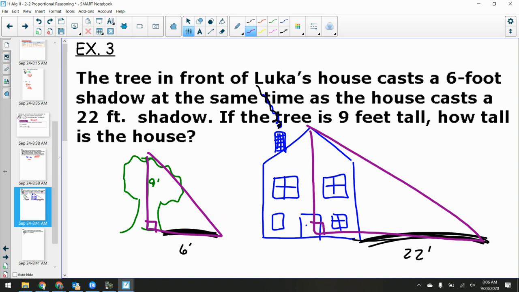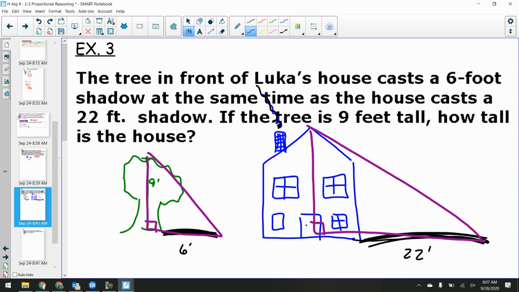We can assume that the angle of the sun is the same since it's happening at the same time, so all of these angles are the same as well. I just need one angle of a right triangle to be the same. So now I know that these two shapes are similar. I can set up some proportions.